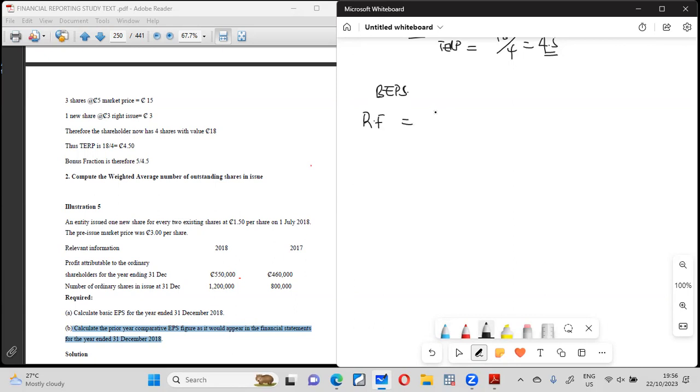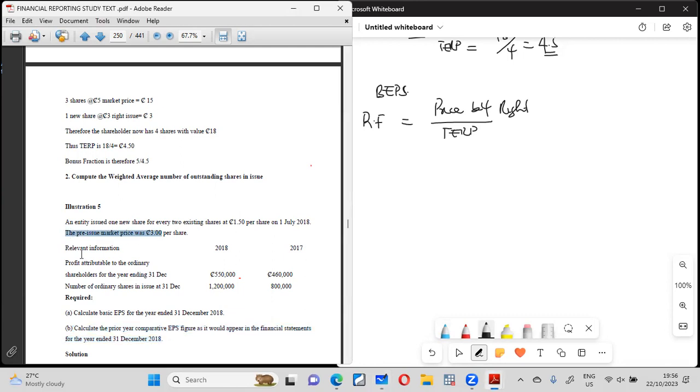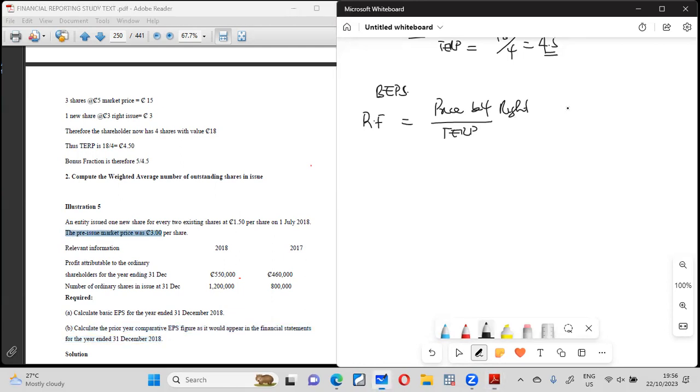It is the price before the rights issue over TERP. The price before the rights issue, they said the pre-issue market price, pre means before, is 3.00.